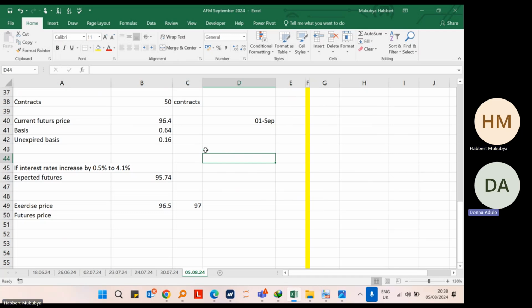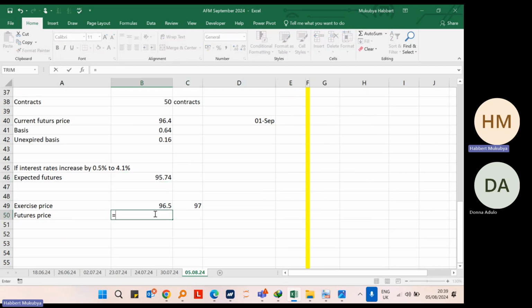The expected future of 95.74 is more like a balancing figure between the current one and the current one minus the unexpired basis. Okay. So now the futures price is 95.74 in both cases.